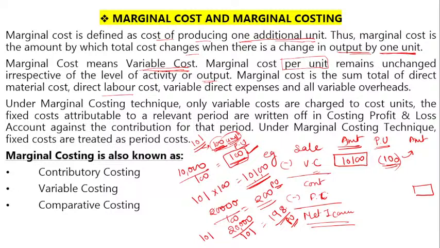Okay, so only the variable cost is charged to the cost unit. Clear? The fixed cost contributed to the relevant period is written off in the costing profit and loss account against the contribution for the period. That means this is your contribution. And once you deduct your fixed cost from your contribution, you will get a net income.